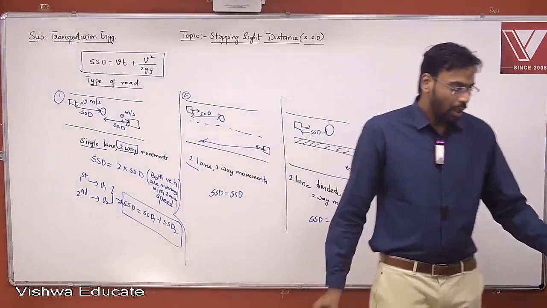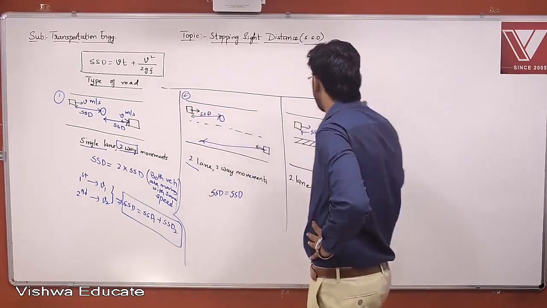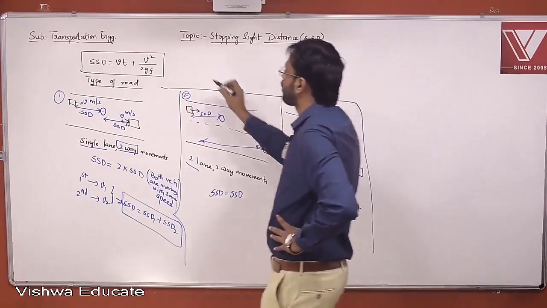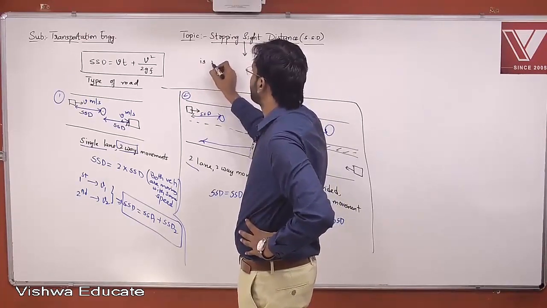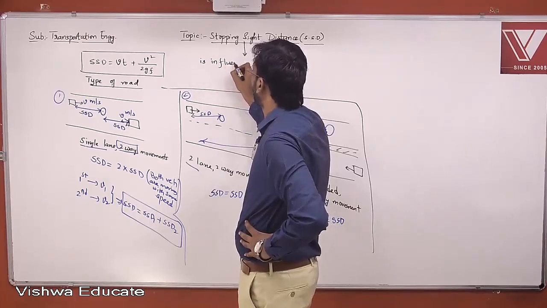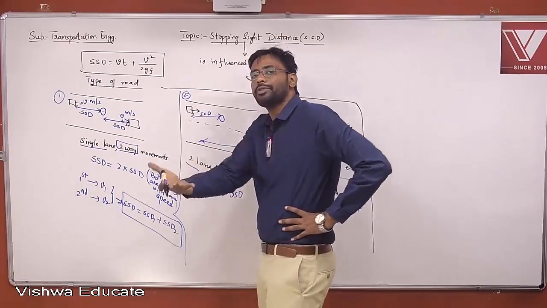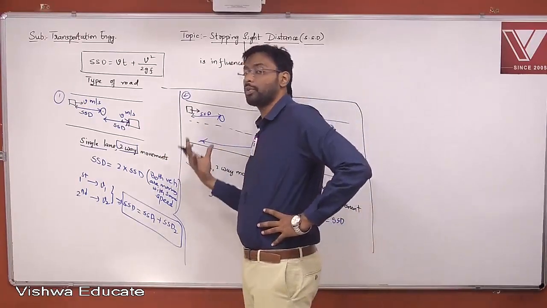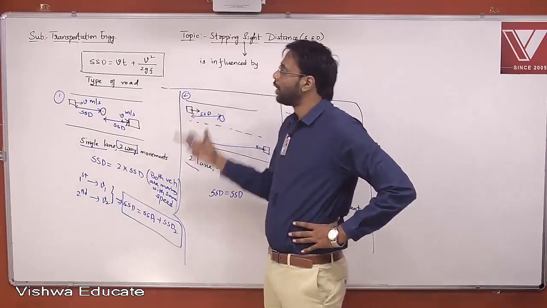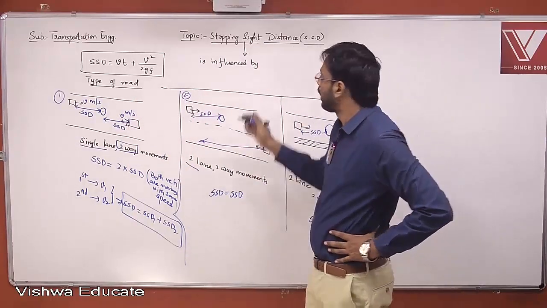Now, this stopping sight distance is influenced by what factors? The factors which are there in the formula itself. What are the elements which are there in the formula?